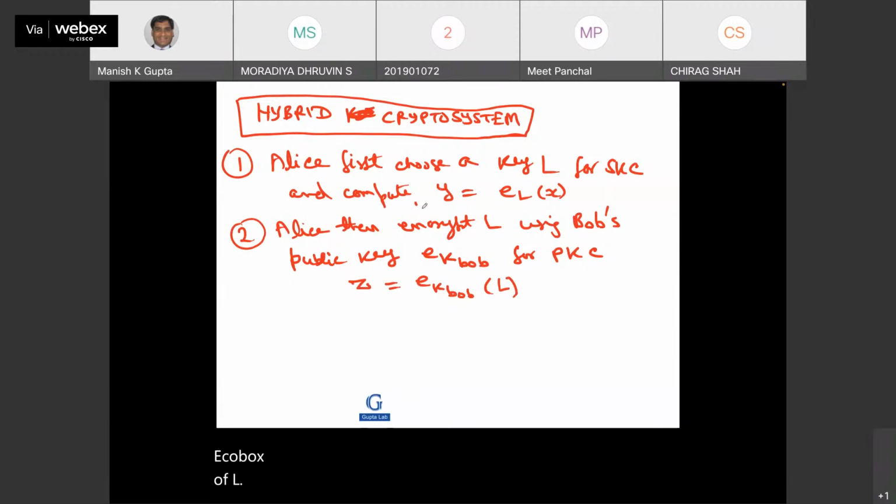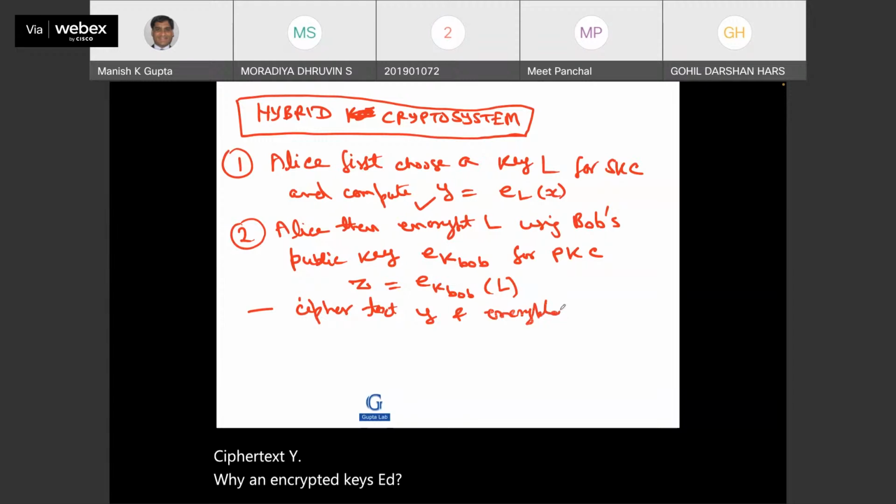So Y is our encrypted cipher and Z is our encrypted key. So basically now cipher text Y and encrypted key Z is transmitted to Bob, right?